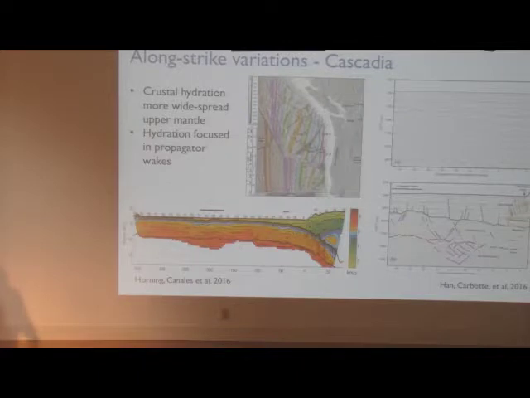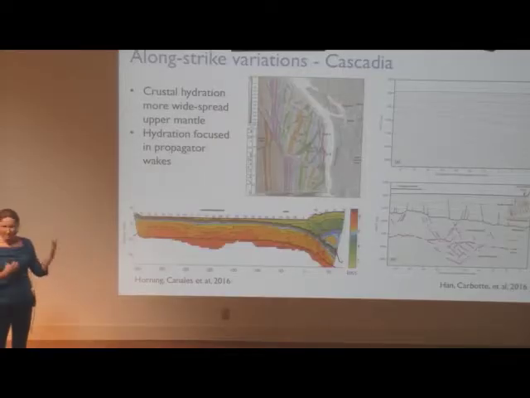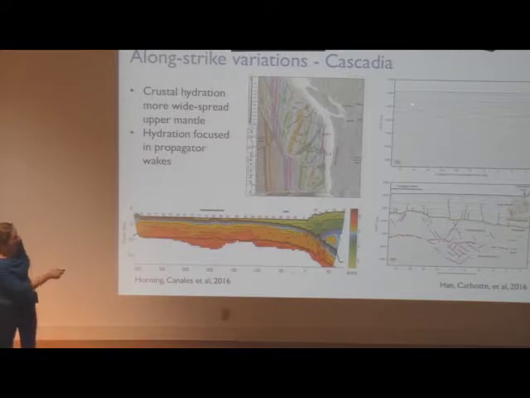And just before I leave behind the hydration story, another puzzle for our community right now is that the way these bending faults appear in our data can be really different from place to place. So here in Cascadia, and in the famous example from Costa Rica, you can see some nice reflections off of some faults in the crust.